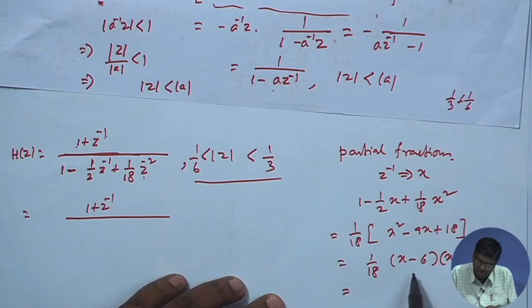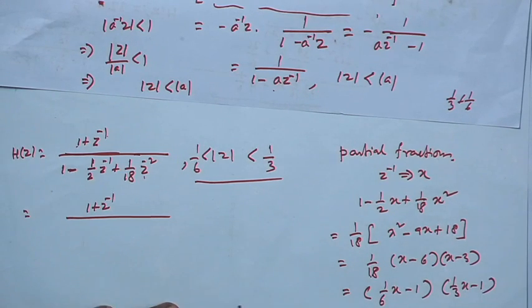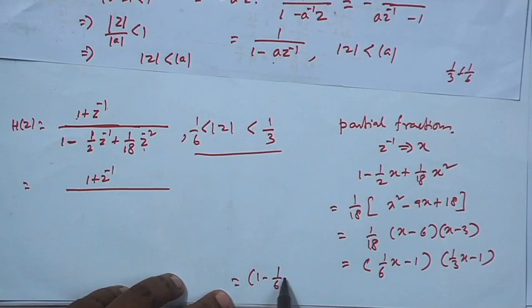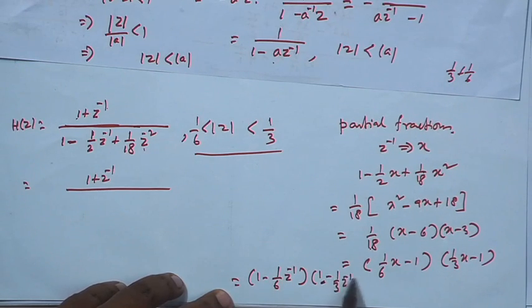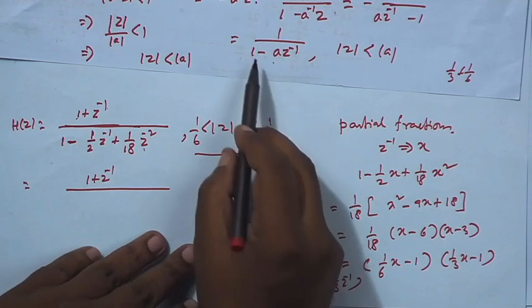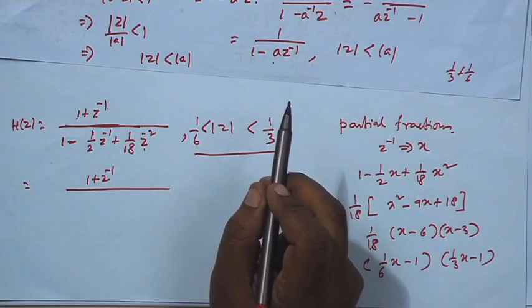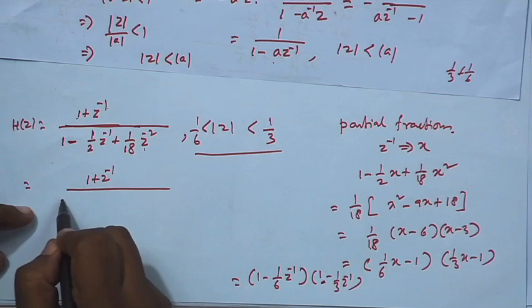Okay. So, you can take 1 by 6 inside, 1 by 3 here. So, it will be 1 by 6 x minus 1, 1 by 3 x minus 1, and then equivalently 1 minus 1 by c x, take minus out, and x is Z inverse, 1 minus, like this. We always prefer this kind of form, constant and then something into Z inverse, not in terms of Z, we always prefer in terms of Z inverse. So, this is a factorization.